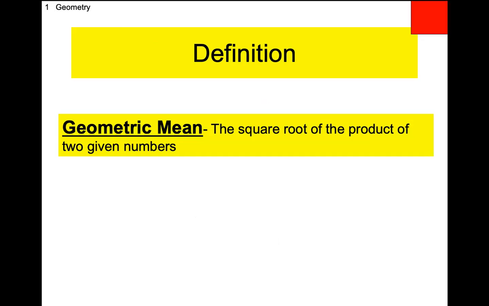I give you two numbers, you take the square root of their product, you have what is called the geometric mean. It's the previous slide, just the end result. You take the square root of two numbers that are multiplied. This is skill number 1 today. This is the easiest of the 3 skills. You just take two numbers, you multiply them, and you take the square root, and you're done.